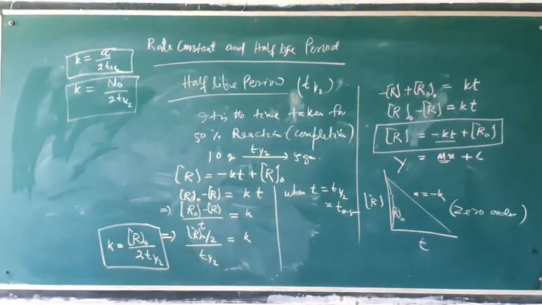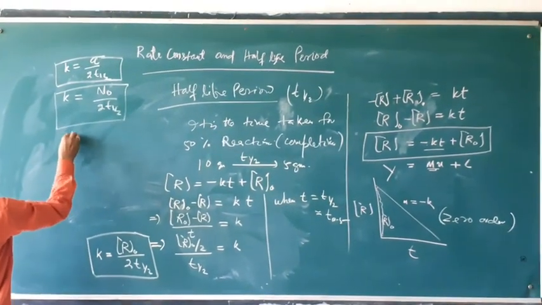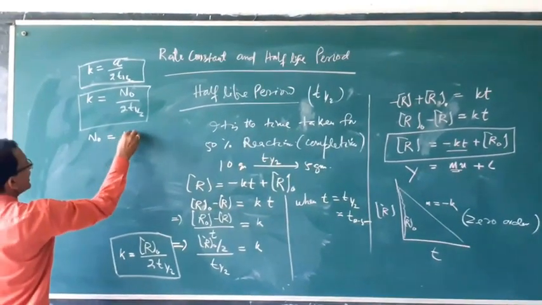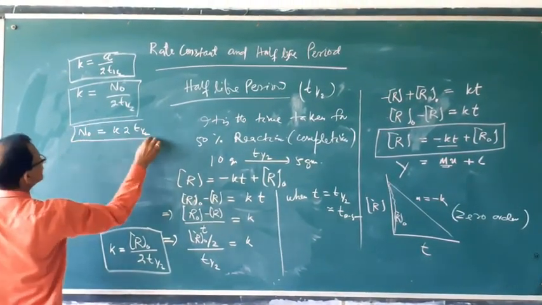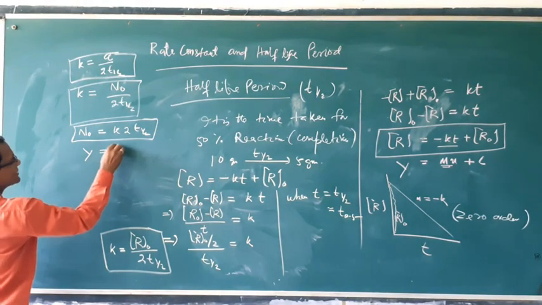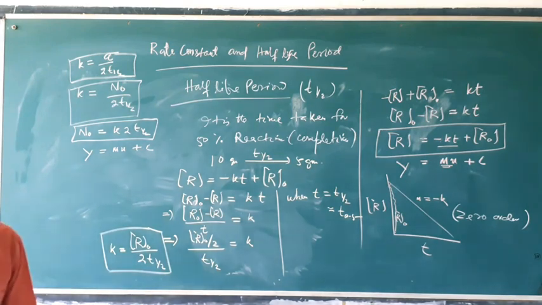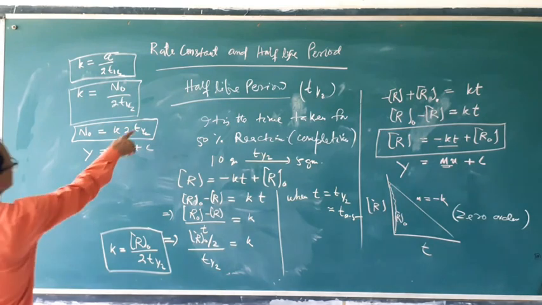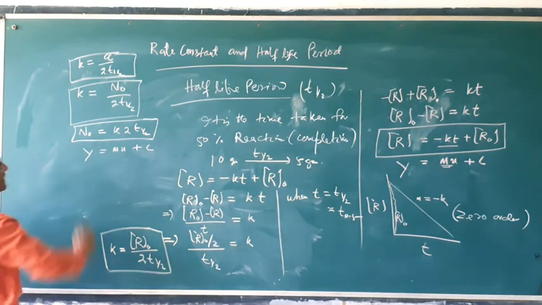So this shows N0 is equal to K times 2 T-half. So, y is equal to mx plus c. Here c is 0, and m is equal to 2K.